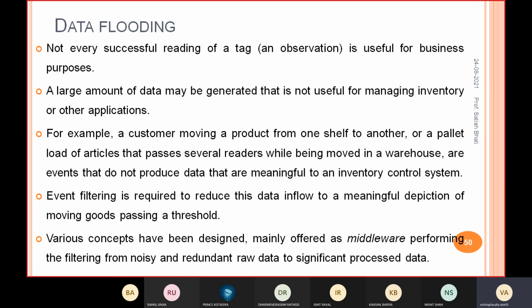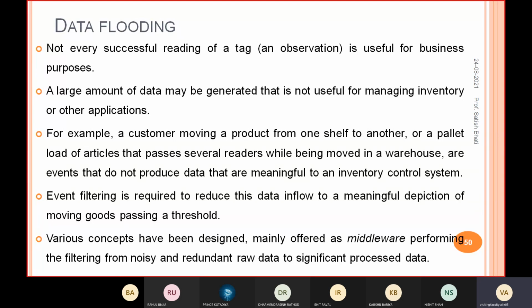So whenever the reader gets the information from the tag, the whole information is not useful. You can call it redundant, not useful. So a large amount of data may be generated that is not useful for managing inventory or other applications. So that is the example I have given.